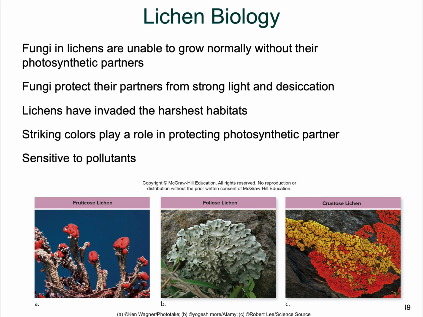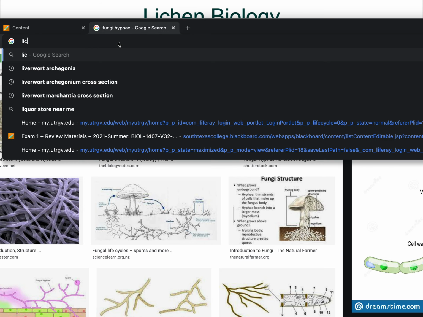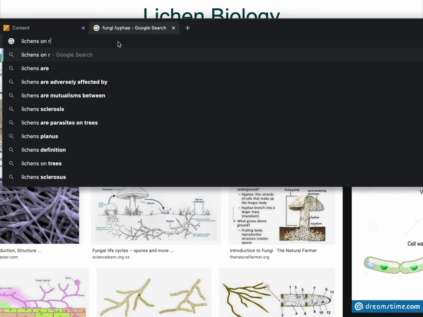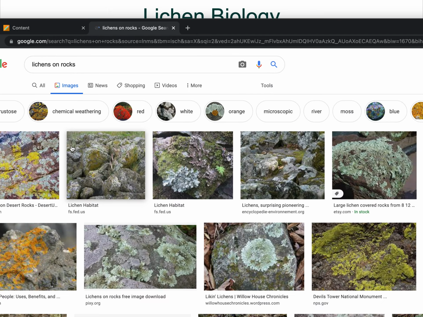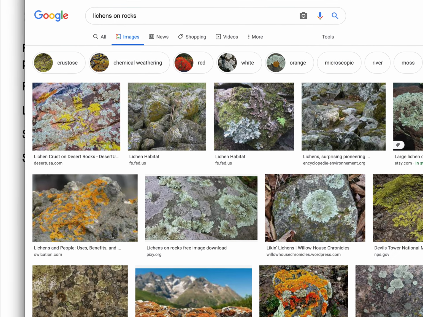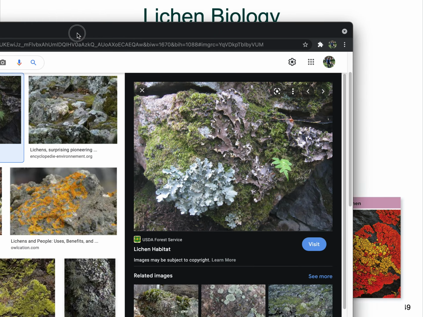They're kind of the, what are they called? Pioneer? No, not pioneer species. Let's look them up. Lichens on rocks, just so you can see. Primary succession, that's what I'm thinking of now that I remember. You'll see them for primary succession.